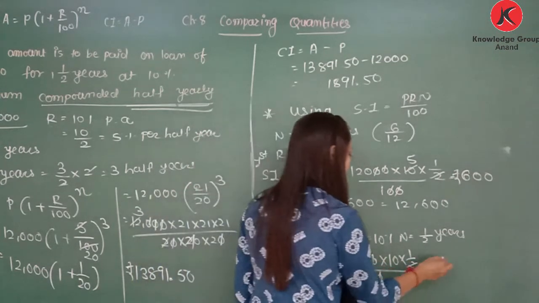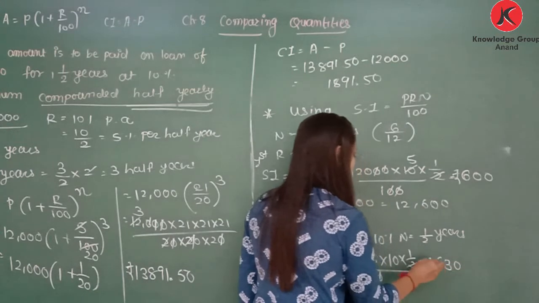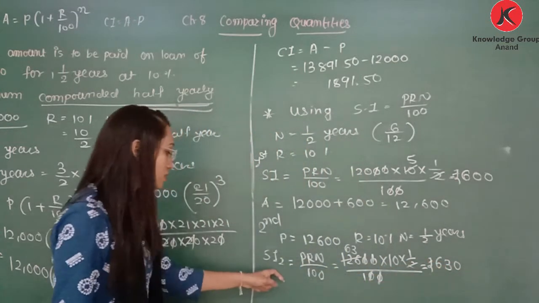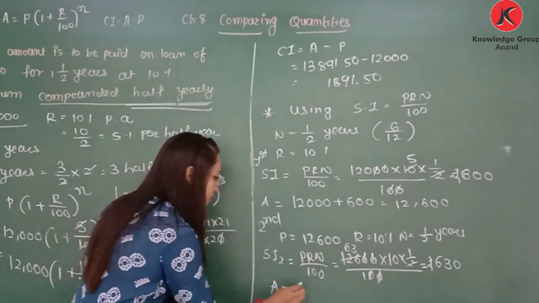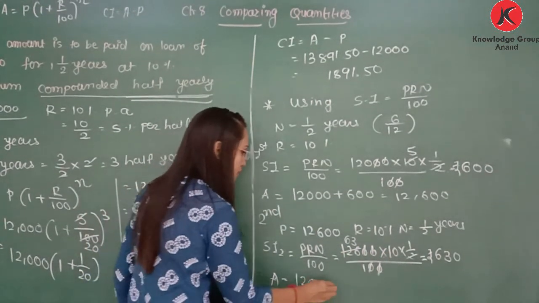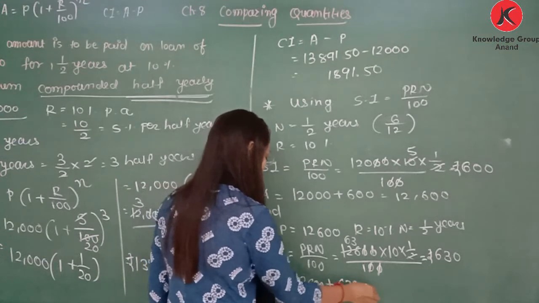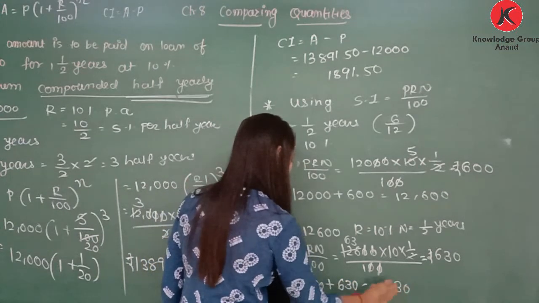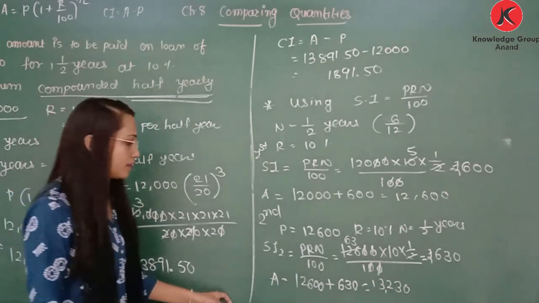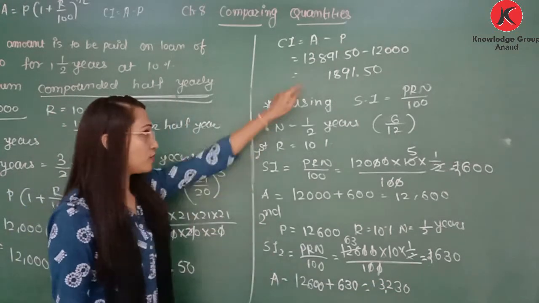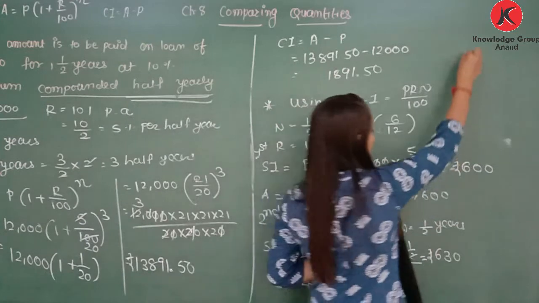So that is 630. So this is the simple interest for the second half year. So the amount will be 12,600 plus 630. So you will get 13,230.